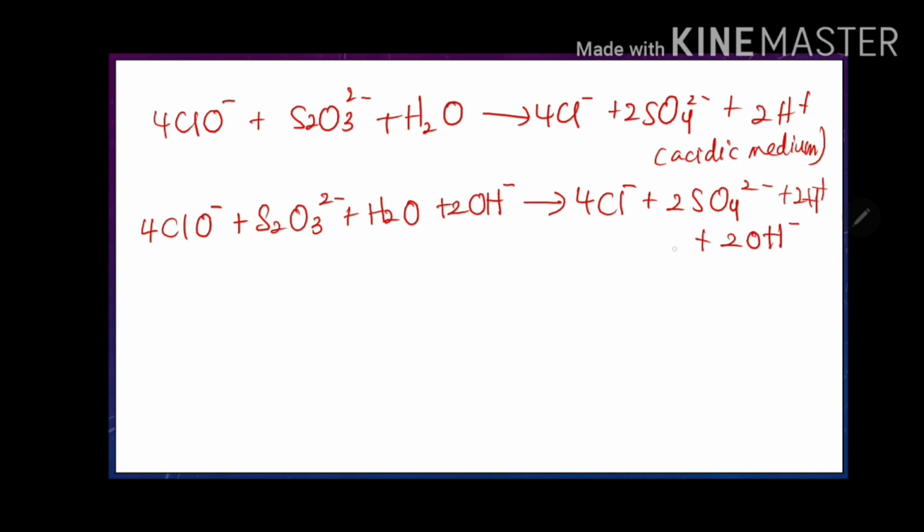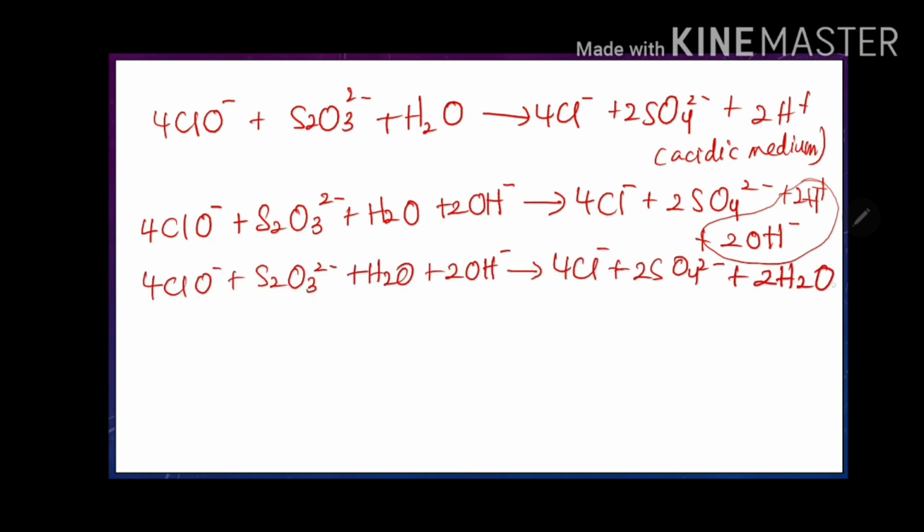See that we add OH- to both sides. So now H+ and OH- are combined to form H2O. So now I rewrite the equation again and now it combines to form 2H2O. So now H+ is gone.